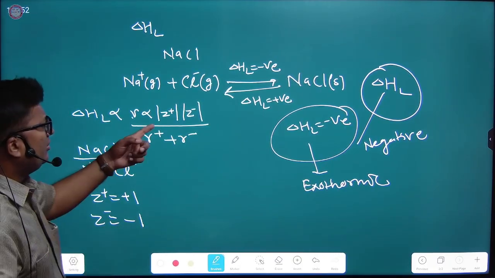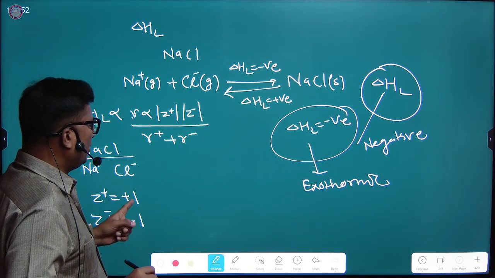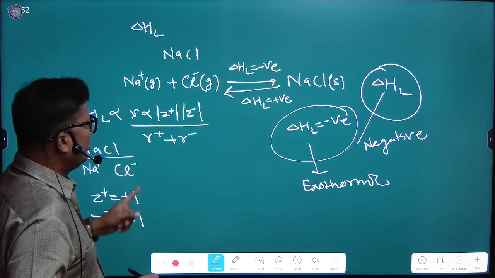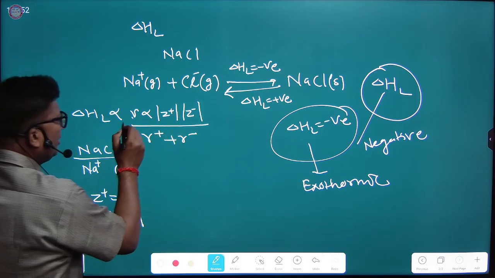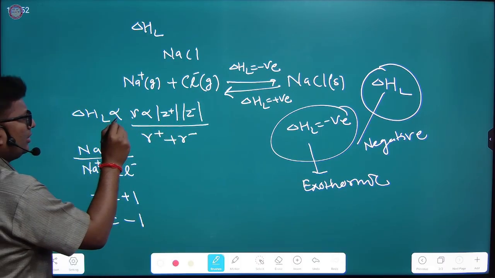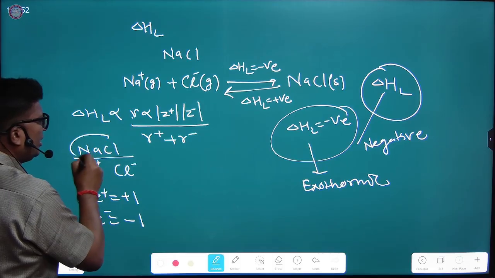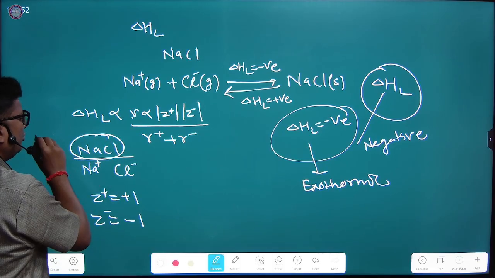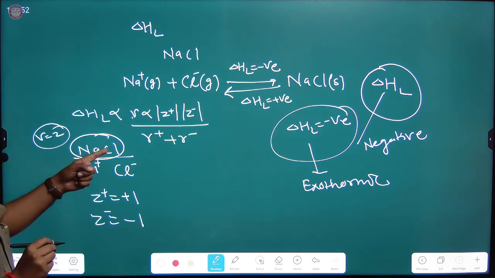Actually there is a modulus of Z plus and Z minus, which means it does not matter whether it is positive or negative. So 1 multiplied by 1, and nu, the number of species in the unit formula, here for NaCl is equal to 2, that is, 2 ions, Na plus and Cl minus.